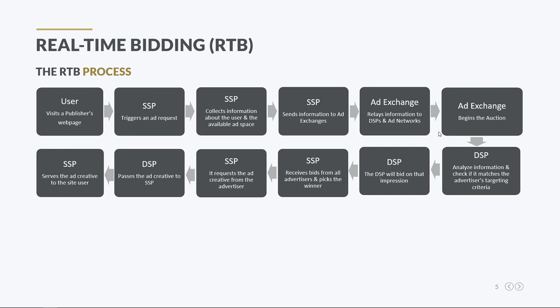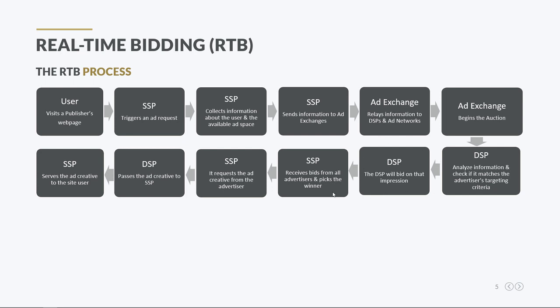Once the information is sent to those participants, the auction begins. In the meantime, demand-side platforms analyze the received information and check whether they match the campaign targeting criteria set by the advertiser. If not, the demand-side platform of that advertiser will step out of the real-time bidding auction. If yes, the demand-side platform will bid on that impression.